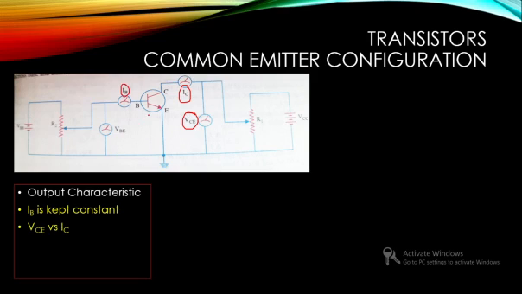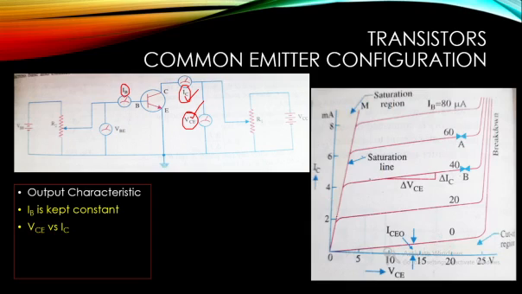Keeping IB constant, we will study output voltage versus output current, that is VC versus IC. You can see a plot like this, and the first curve represents the variation of VC versus IC for a particular IB.